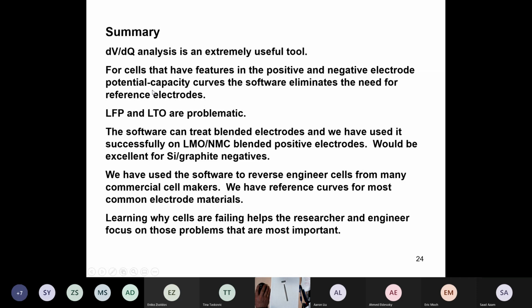You can always measure the voltage of the positive versus lithium or the negative versus lithium if you slide into your cell a small piece of lithium that you can use as a reference electrode. But that means the cell is not a real cell, because where do you put that lithium? Do you put it in the jelly roll, or do you put it outside the jelly roll in the electrolyte?